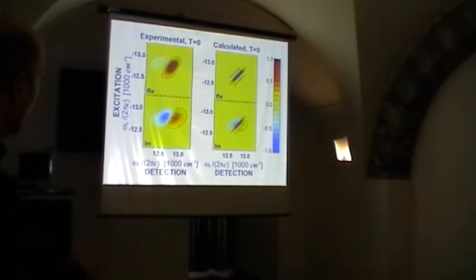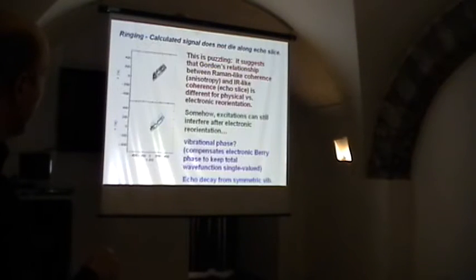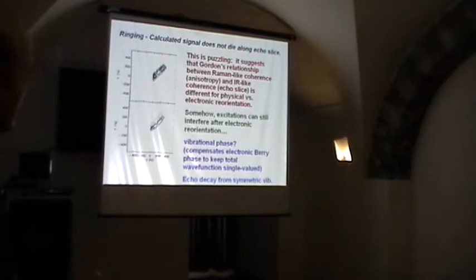And so that means in particular then that Gordon's relationship between Raman-like coherence and IR-like coherence is very different for electronic reorientation than physical rotation. And excitations can still interfere after this electronic reorientation. And the echo decay that we see must be coming from the totally symmetric vibrations, must be dominated by those.